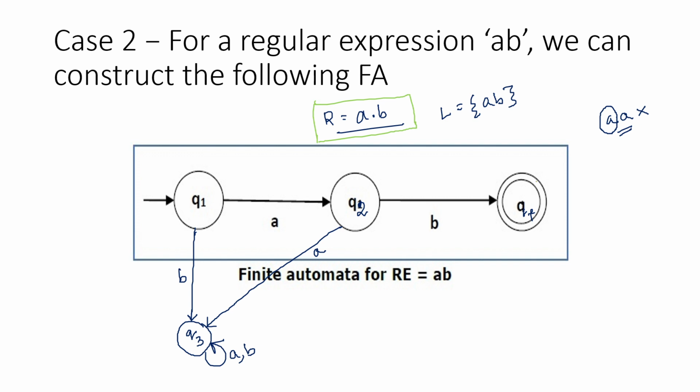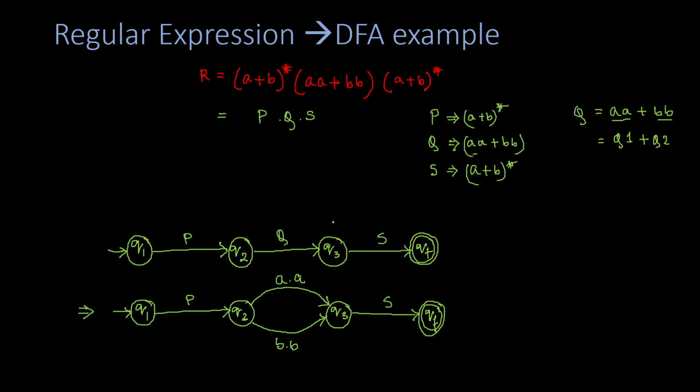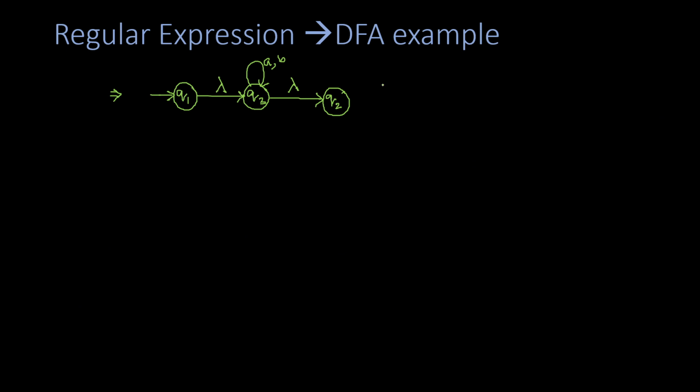Similarly, since from Q2 to Q3 I have AA, I can break the path into two parts: Q2 to Q4, where the first A will be seen, and then Q4 to Q3, where the second A will be seen.